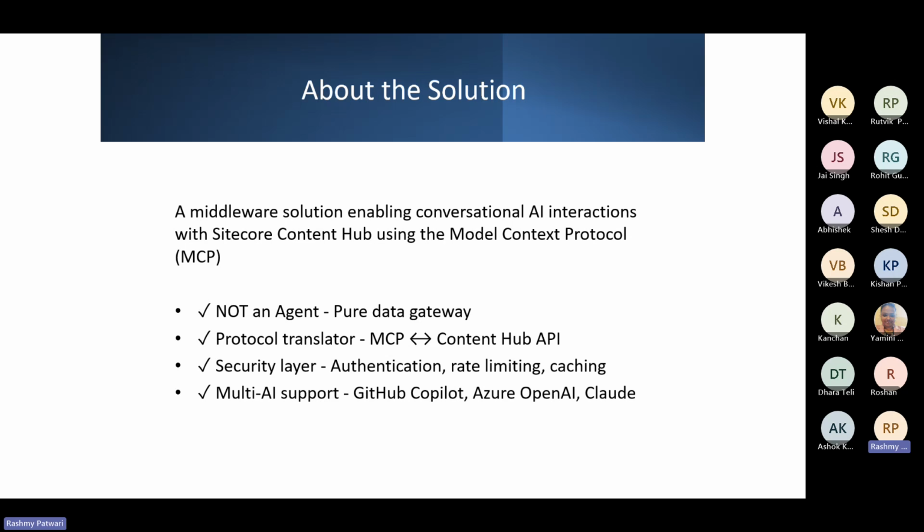Then it needs to support multiple AIs. Like I said, we've got a big choice out there. Everybody is evolving. There are LLM models and LLM companies, something from Microsoft, Microsoft's OpenAI, then there is Claude, a huge choice.